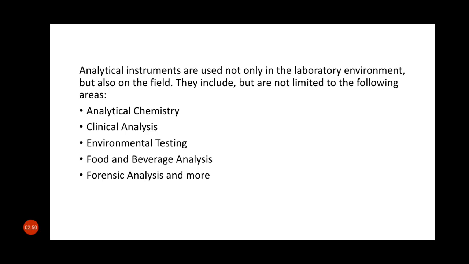Okay. So, analytical instruments are a large class of instruments used for analytical application in chemical, pharmaceutical, clinical, food processing laboratories, and oil refineries. The instruments help in analyzing materials and establishing the composition.